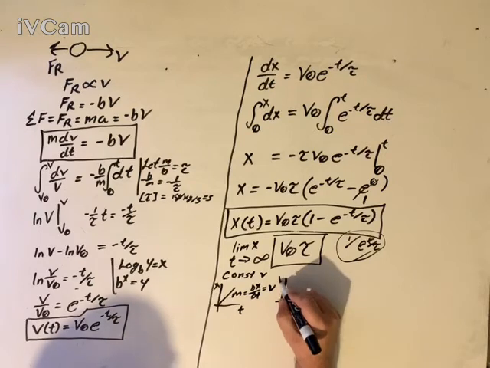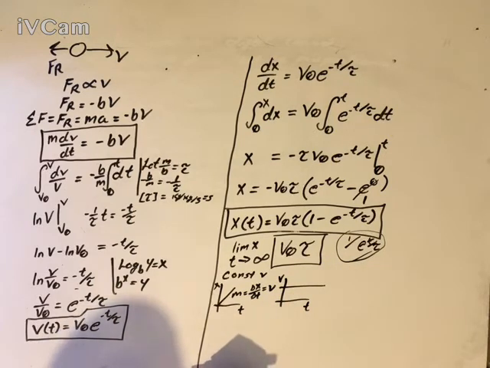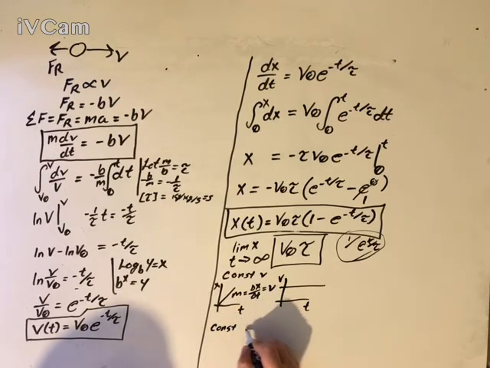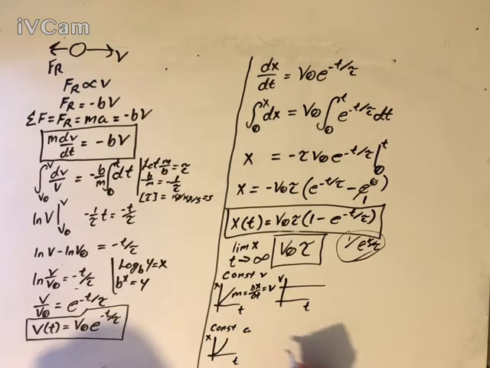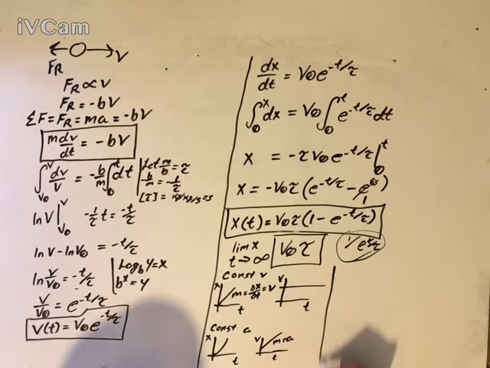And if you graph velocity versus time, that's just a horizontal line. If you have a constant acceleration and you graph position versus time, of course you get a parabola, and your graph of velocity versus time will then be a straight line whose slope is equal to the acceleration.